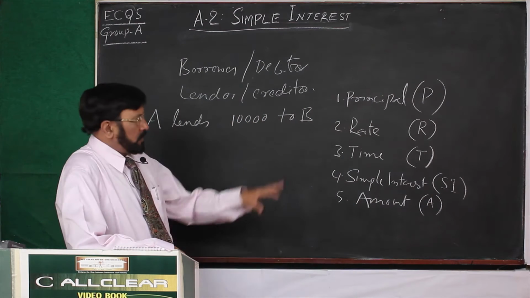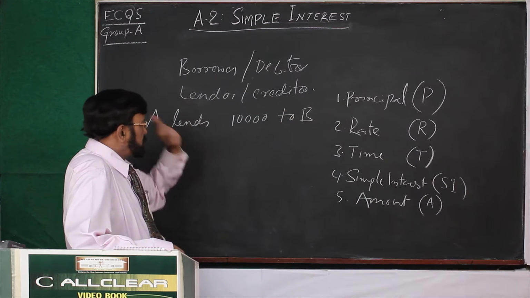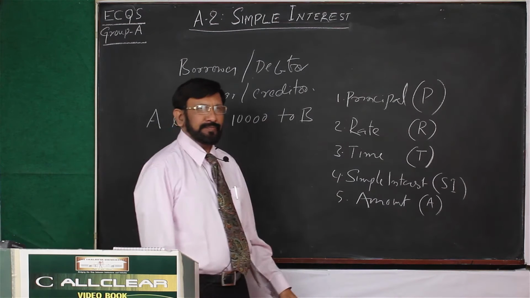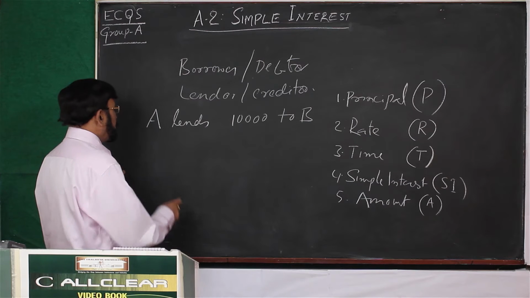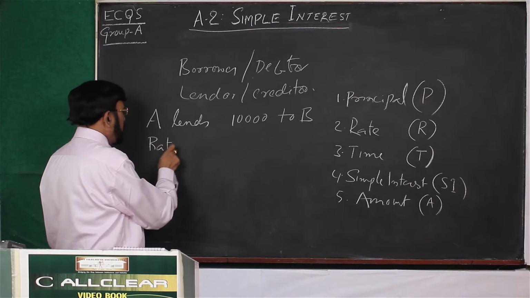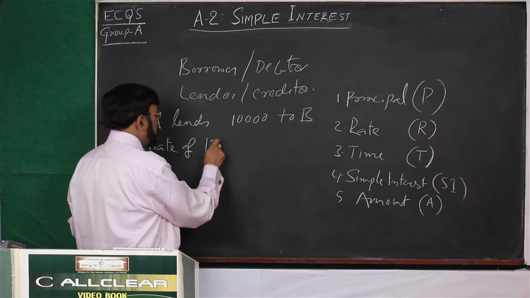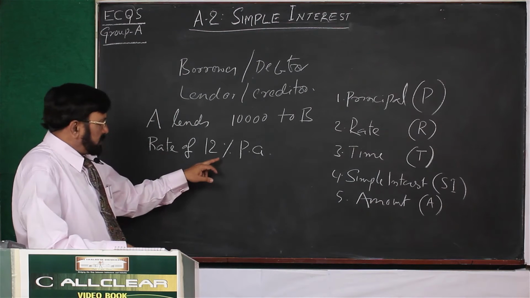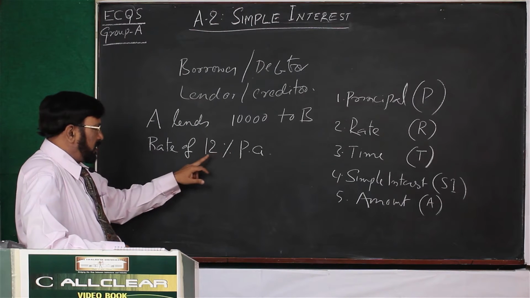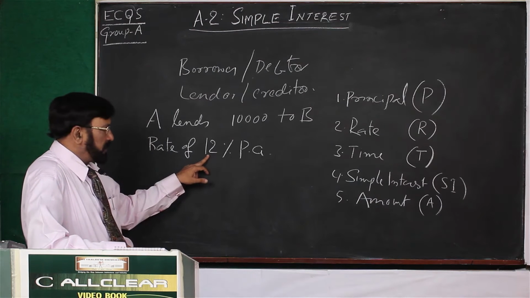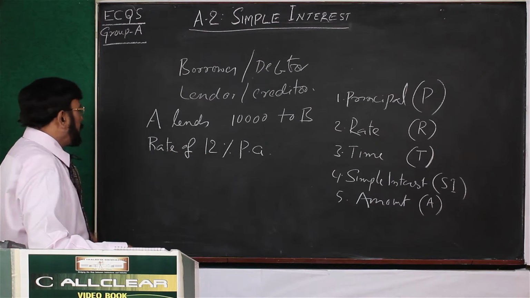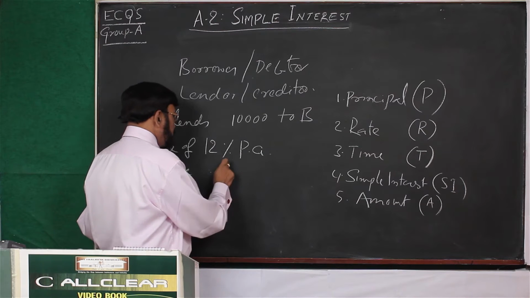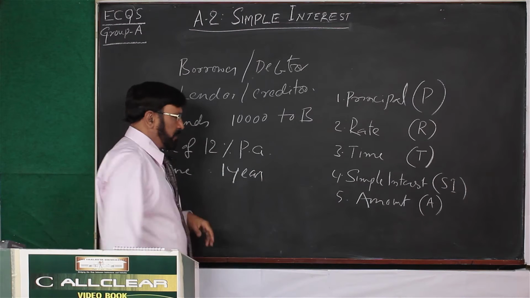So, first understand these 5 terms with reference to this example. A lends 10,000 rupees to B at the rate of 12% per annum. 12% per annum means per 100 per year, 12 rupees he has to pay in the name of interest. And here the time is 1 year.